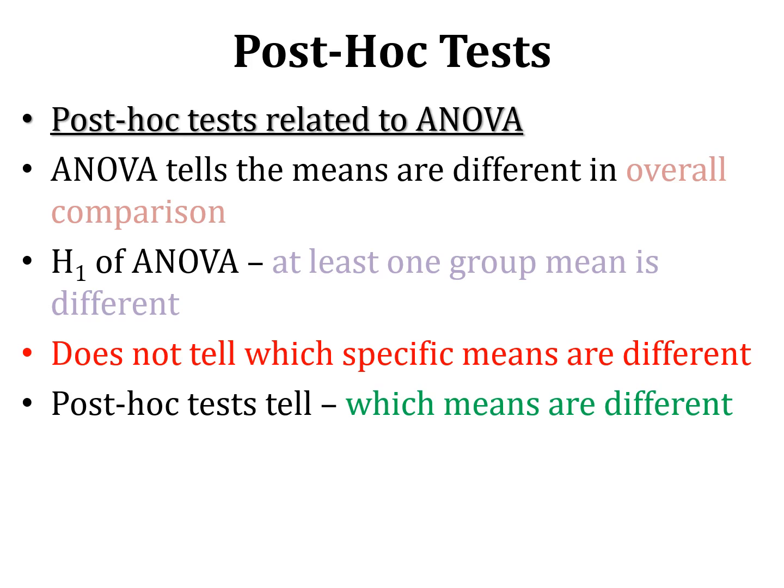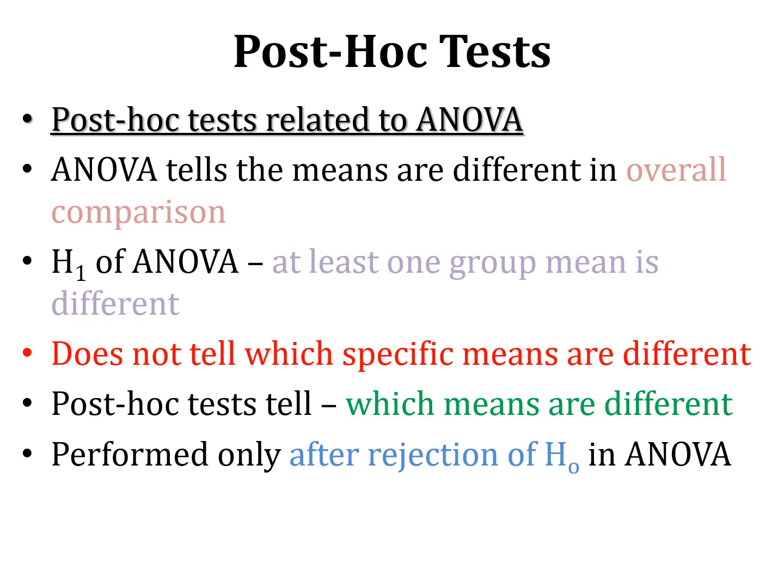So ANOVA is giving us a significant result in overall comparison, and we are rejecting the null hypothesis and accepting the alternate hypothesis, but the precise statement of the alternate hypothesis in ANOVA is that at least one group mean is different. So it doesn't say that all group means are different from each other, and it also doesn't identify which group means are different, right?